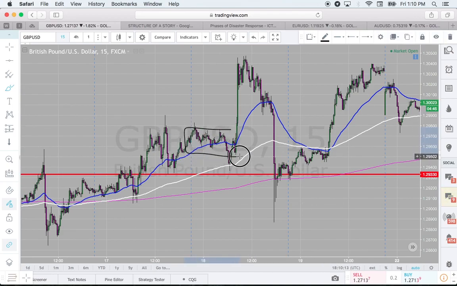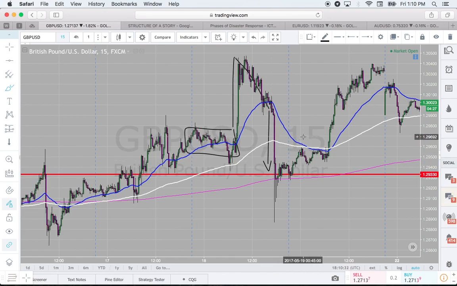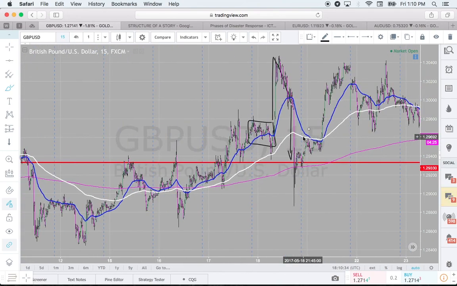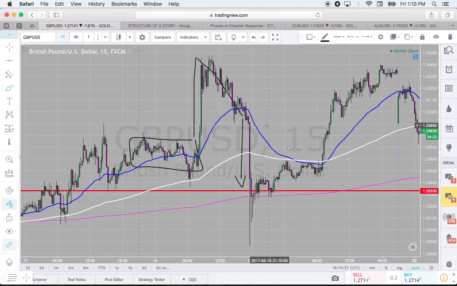Here we can see retail traders were trapped in here. The news, a news event, spiked high, pump, and then dump. I believe another news event spiked low. Or it may have, actually that was a flash crash.